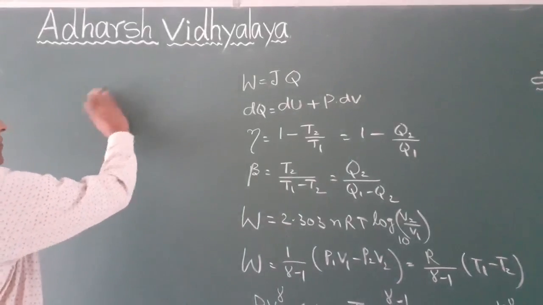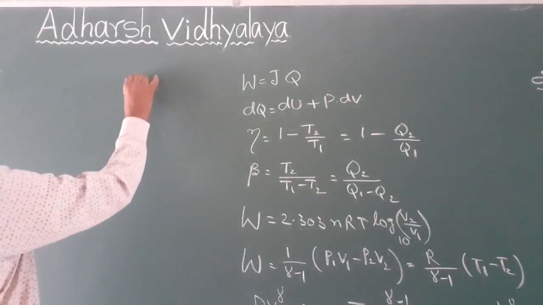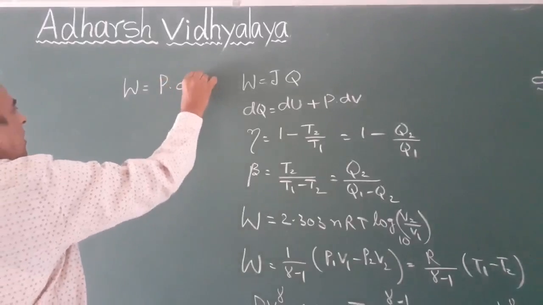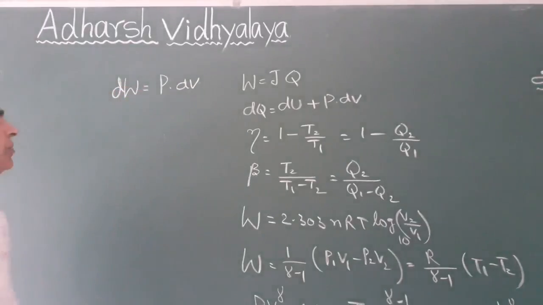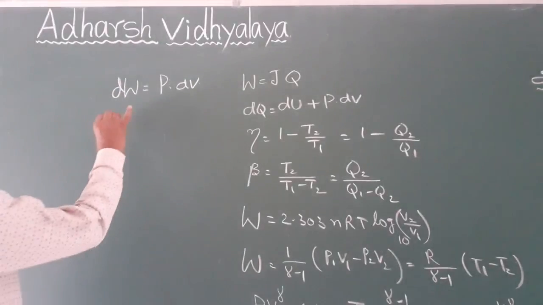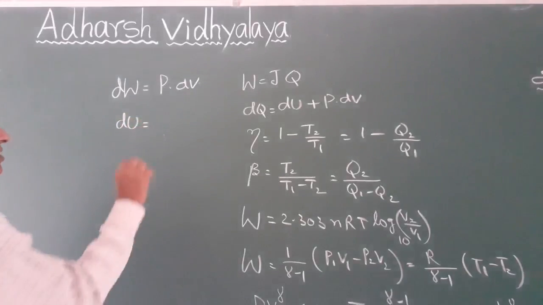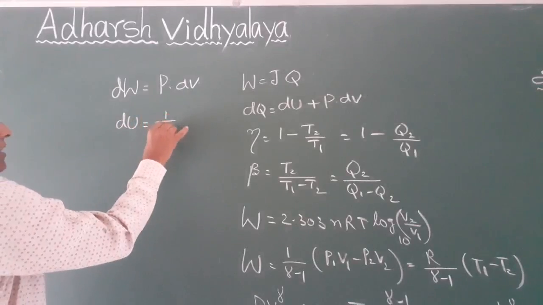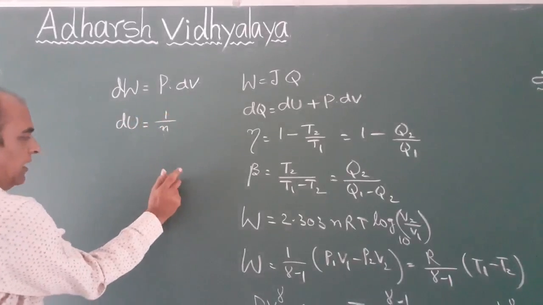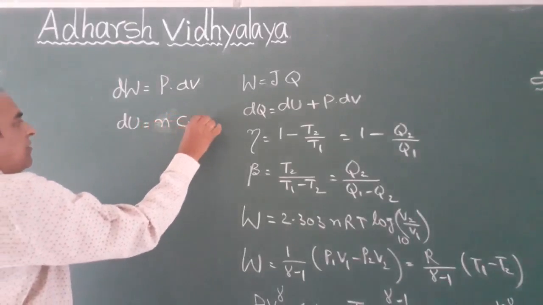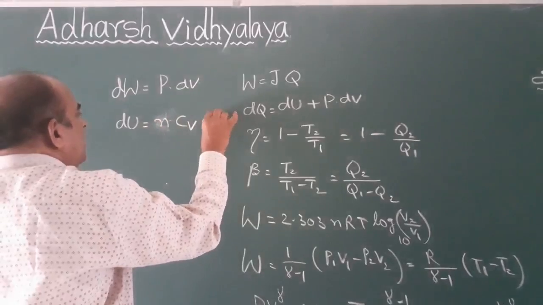Next, work done in an isobaric process, PdV: dW is equal to PdV. Change in internal energy is n Cv dT, where n is number of moles, dT or d theta.